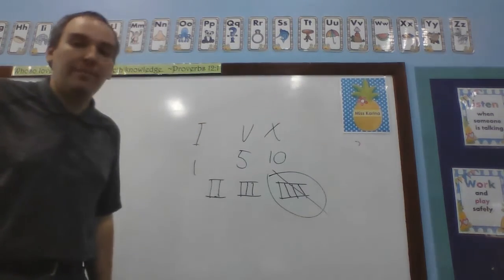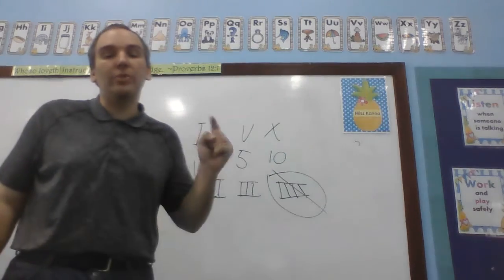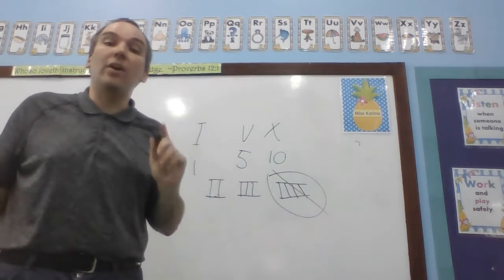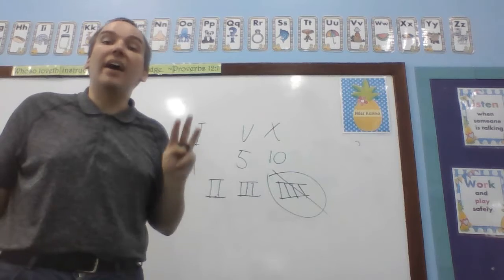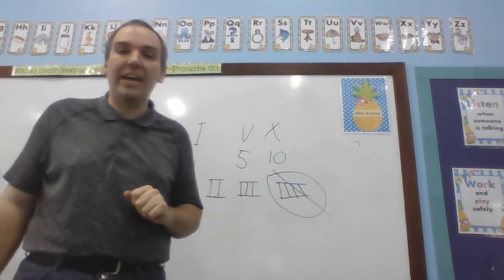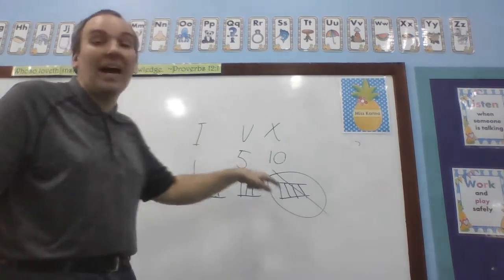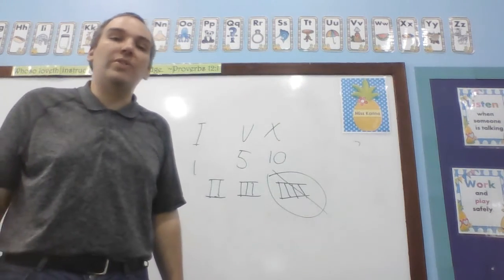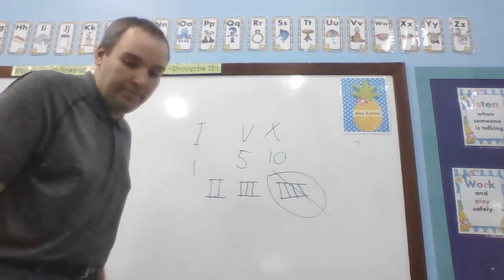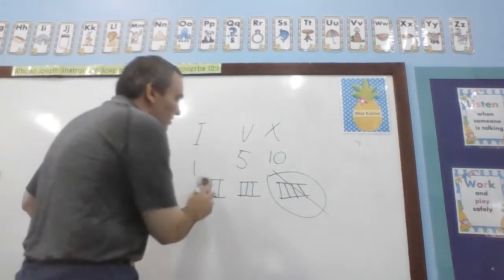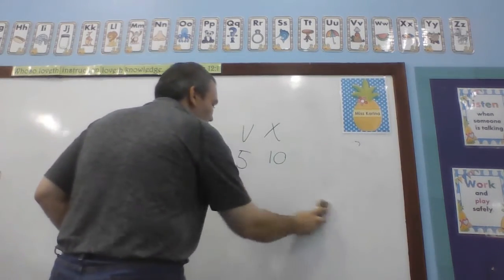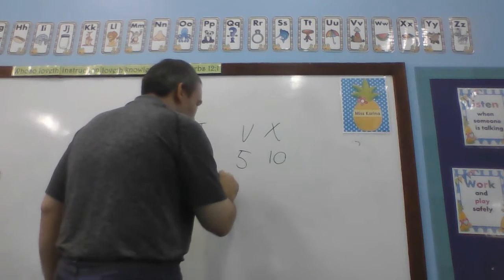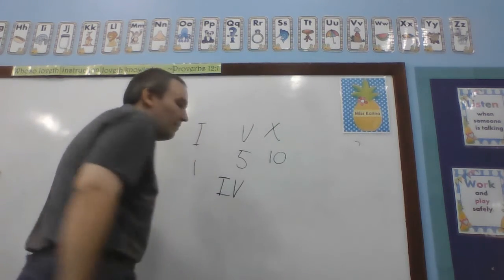It doesn't work. Because in Roman numerals, Numerus Romanus, you can only have 3 of any one kind of sign. You can't have 4 i's. It doesn't work that way. So what they would do is they would write it like this. They would write that.